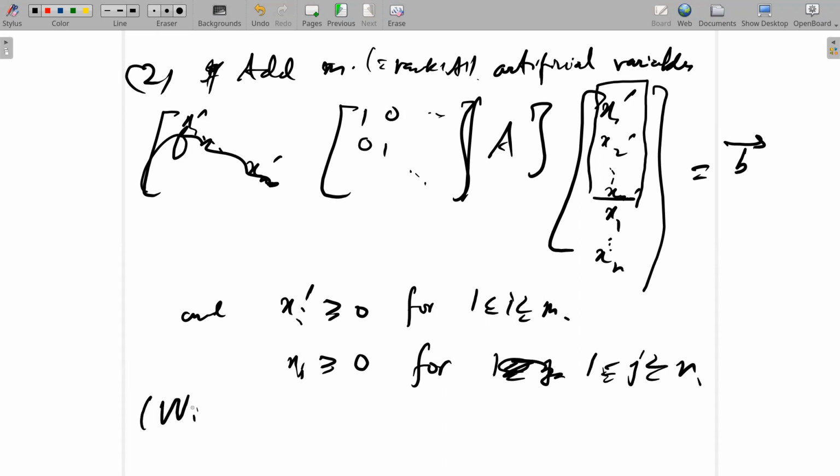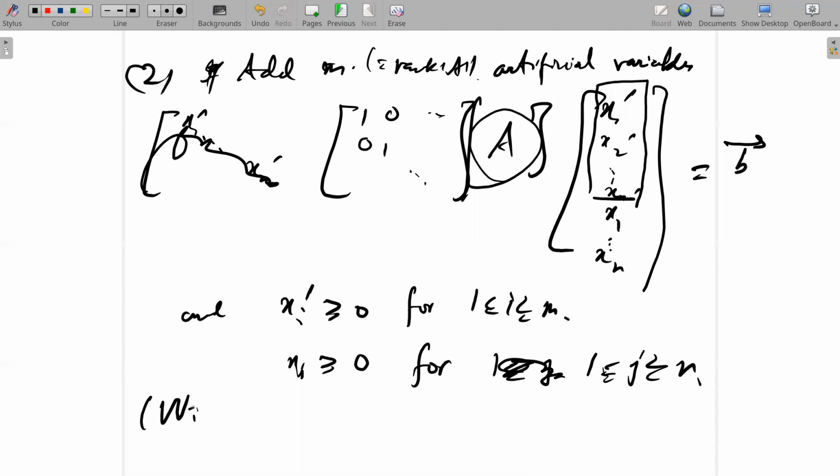Without loss of generality, we can assume b is a positive vector. That's because if b has a negative entry, you just multiply that corresponding row by -1. Then you are just modifying the matrix A and ensuring that the solution space does not change. Just the entries of b become positive.